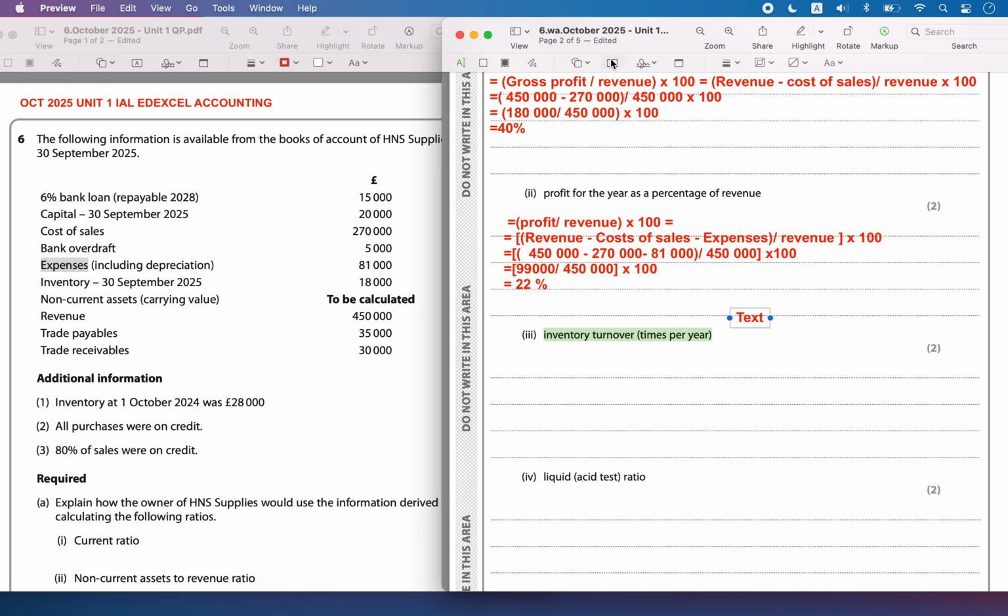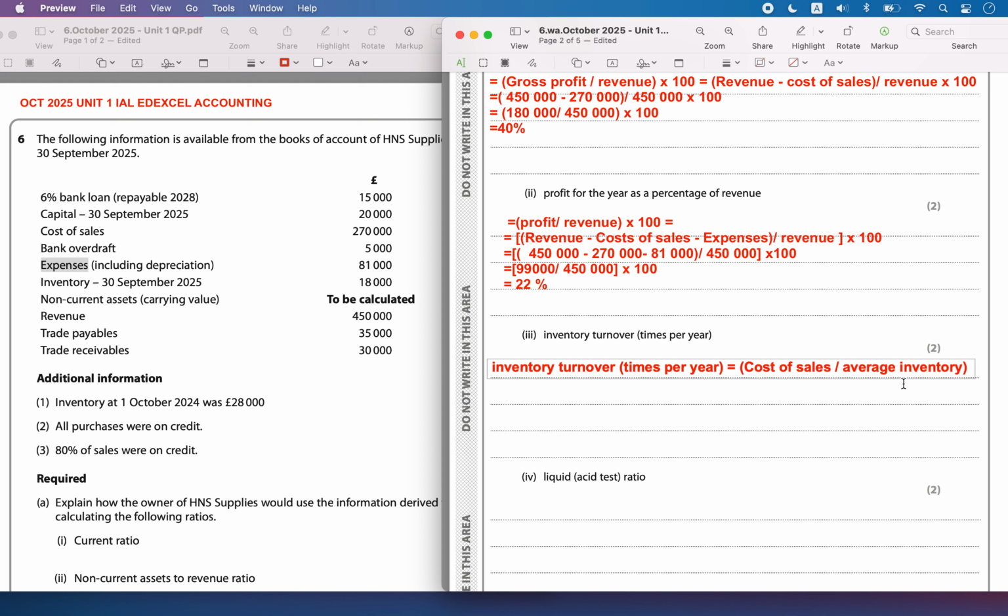Next one is the inventory turnover, times per year. Inventory turnover is equal to cost of sales divided by the average inventory.